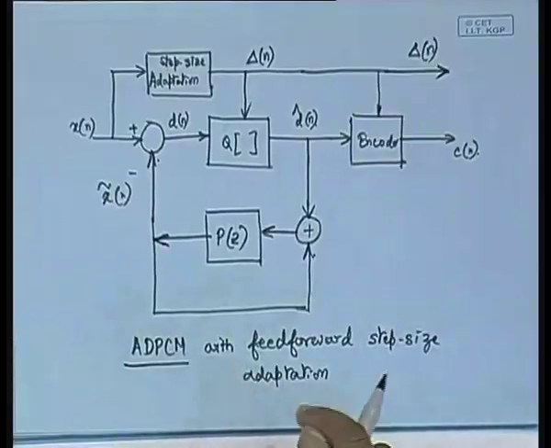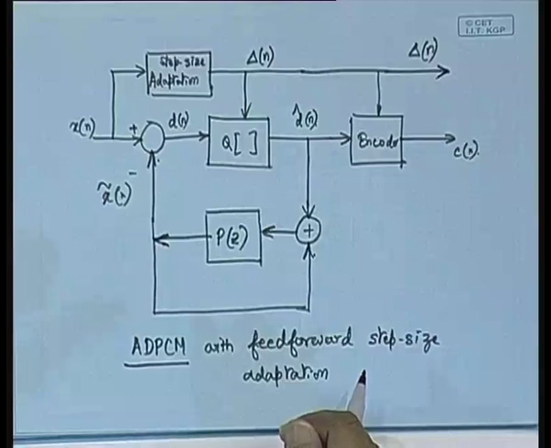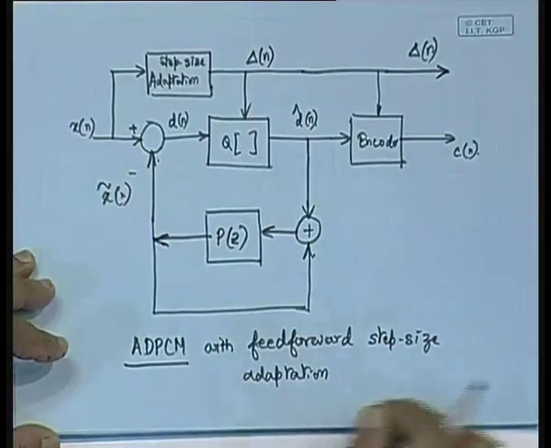So, both voiced as well as unvoiced speech requirements are catered for very well with the ADPCM system, and that is why, in the waveform coding philosophy, ADPCM is very often the preferred solution for speech encoding.